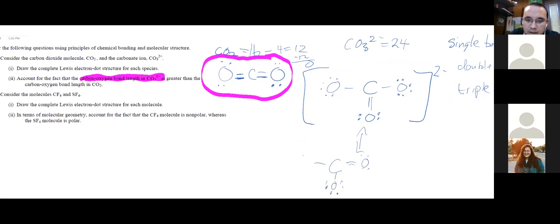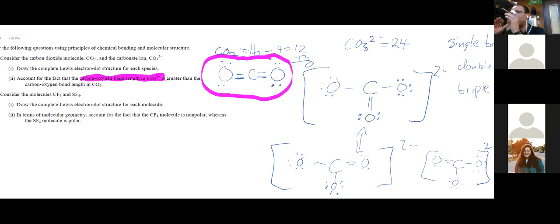So resonance means that our true Lewis structure is somewhere between these three. It doesn't look exactly like any one of them, but it's a mixture. In the same way that if you mix two different dog breeds together, you're not going to get a poodle and you're not going to get a golden lab.